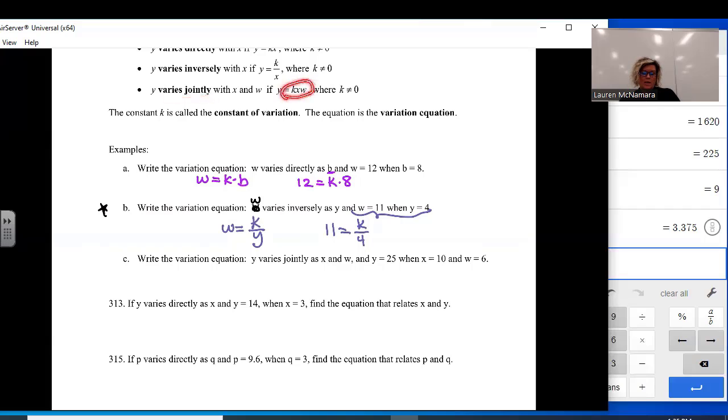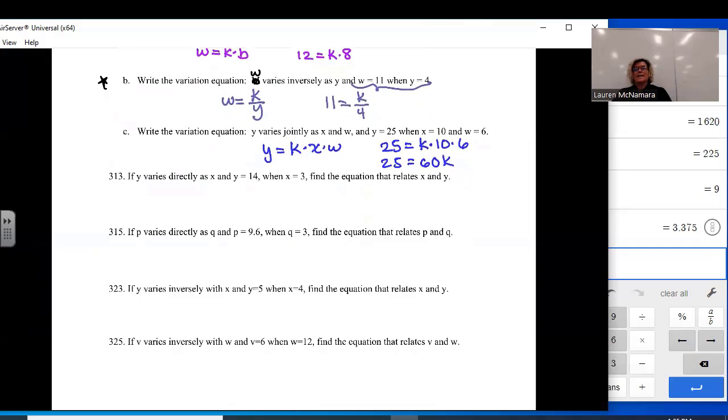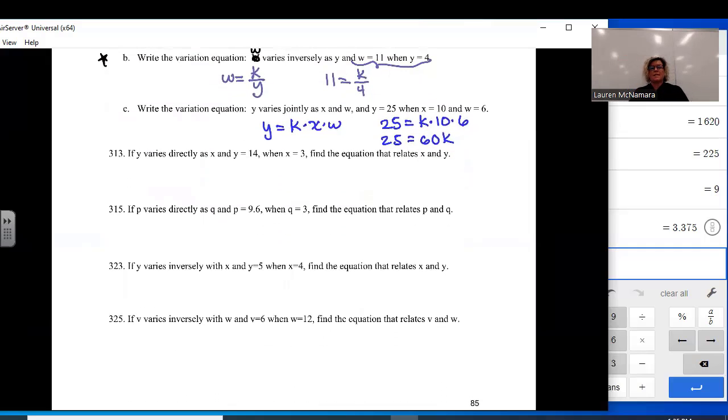Jointly just means that they're all multiplying by K. So Y equals K times X times W. Then I have 25 equals K times 10 times 6. So 25 equals 60K. And then you would solve for K. All right, so now let's look at some of the examples that you'll see on your homework.